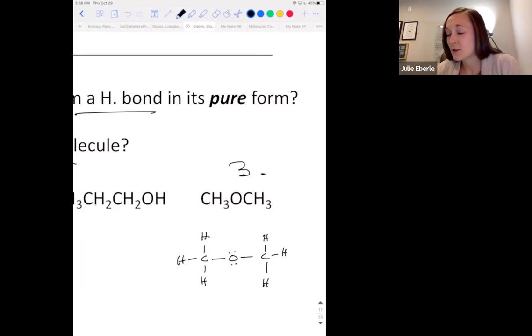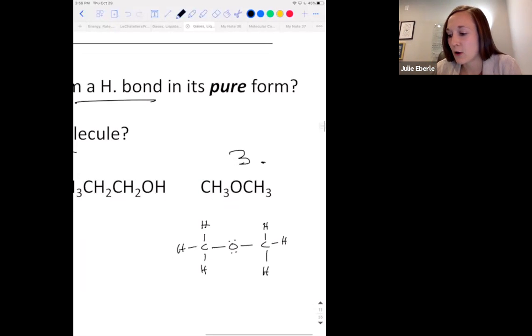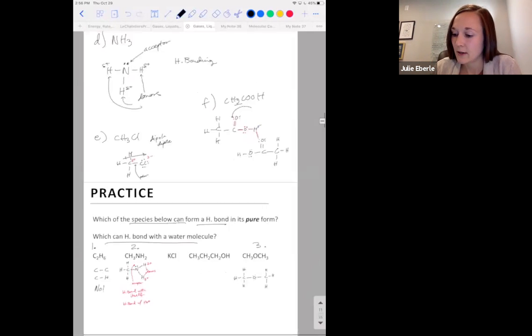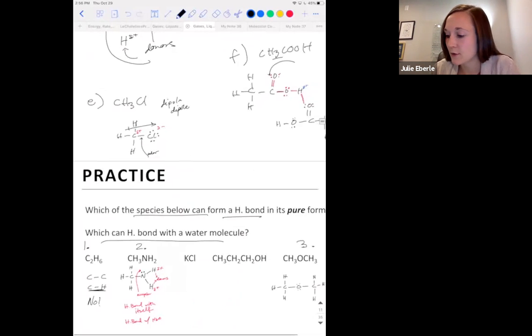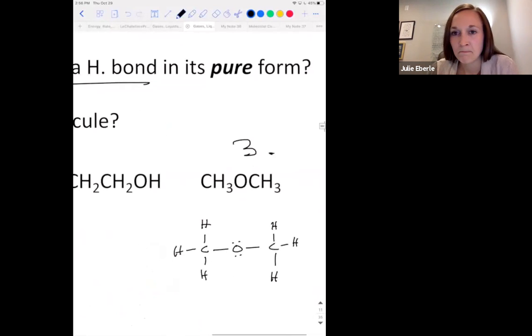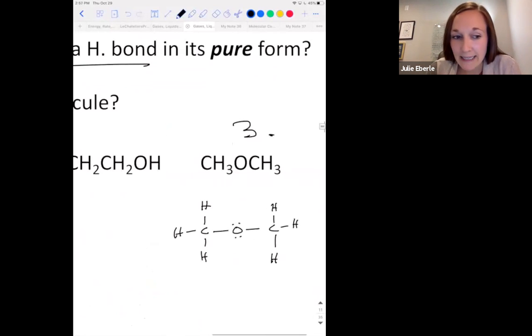Okay, first off, if we're asking about hydrogen bonding, do we have any donors? Well, all these hydrogens are bonded to carbon. And remember over here, we said these bonds are never polar. So no donors, no hydrogens that are positively polarized. But what do we have?